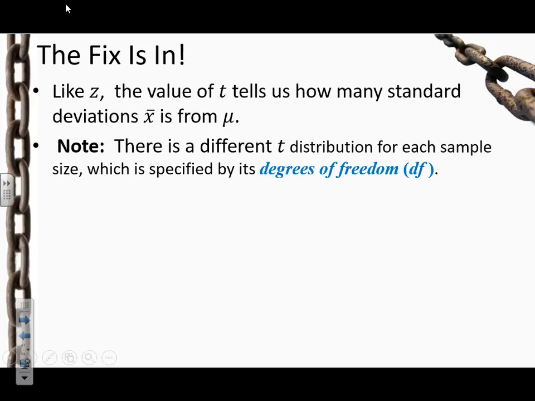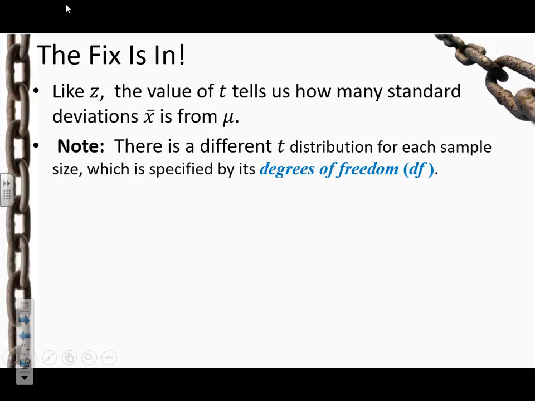So when you think of the standard normal distribution, it has one shape. It's a bell curve, mean at 0, standard deviation of 1. There is no difference. It doesn't matter where the data comes from. If you standardize that data, it all fits the same curve. But what he noticed with this new distribution is that if you change the sample size, it changes the distribution as well.